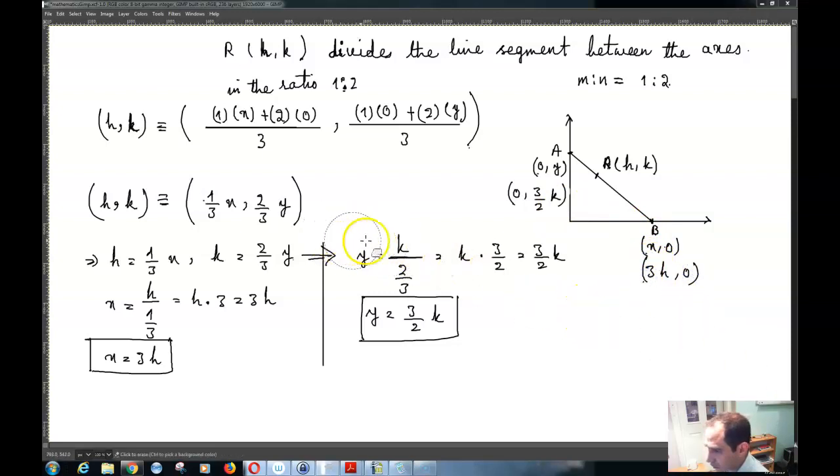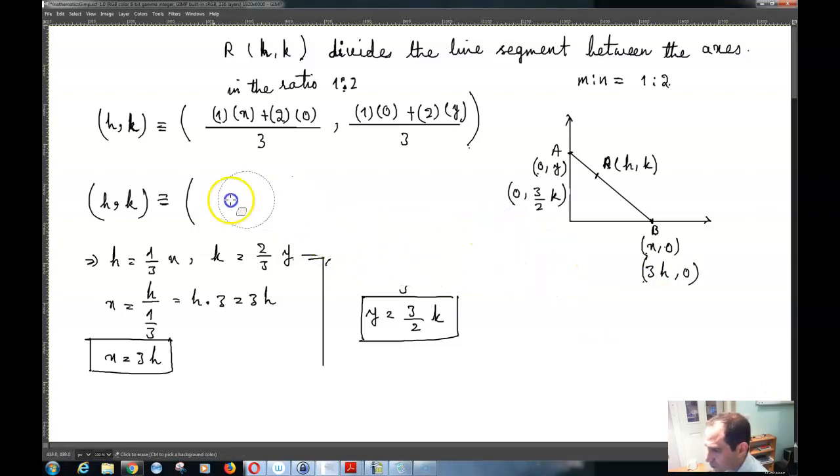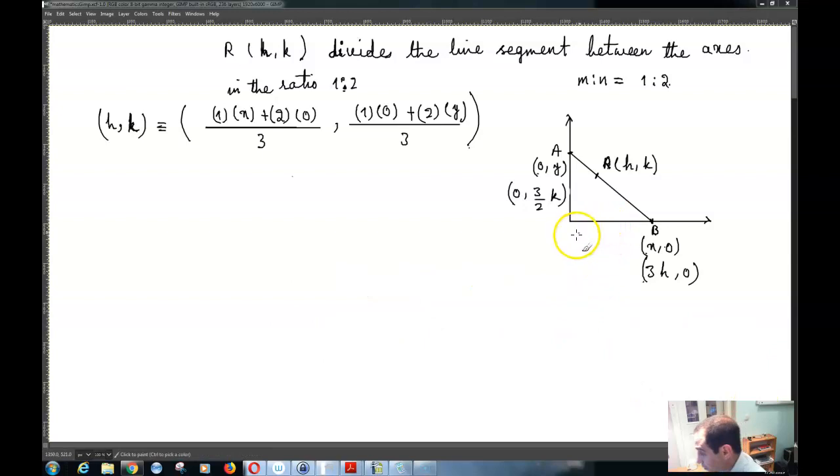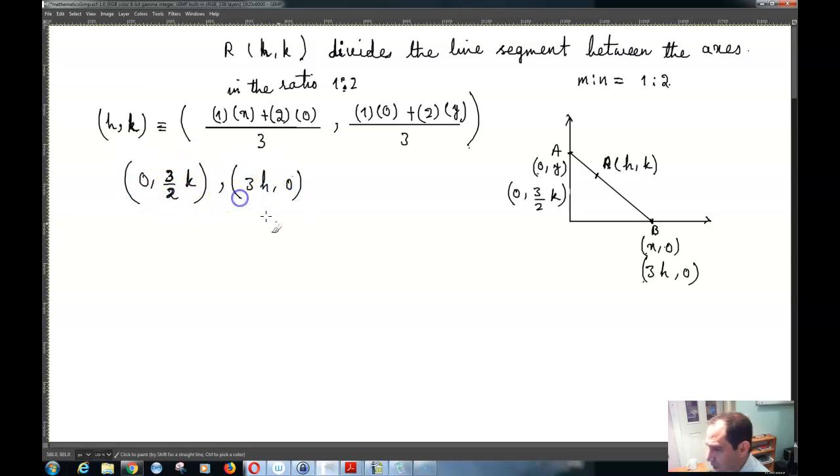So now you have these 2 points, 0 comma 3/2 k, and 3h comma 0, and you want to find the equation of this line based on these 2 points.